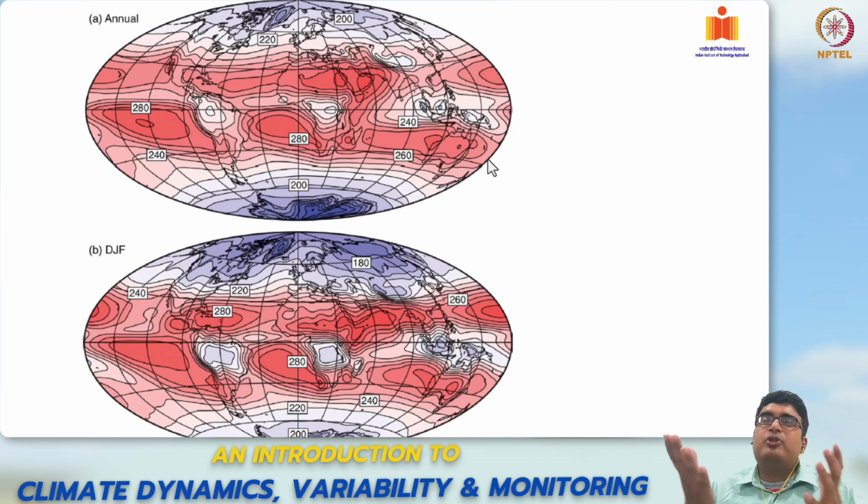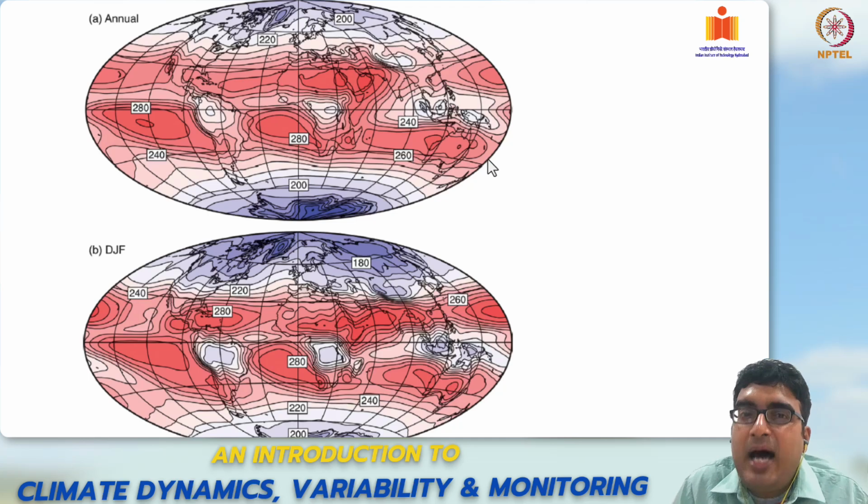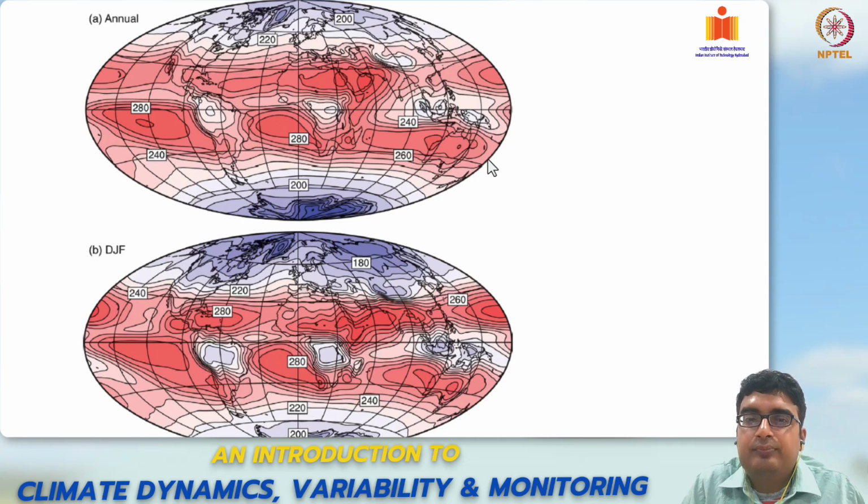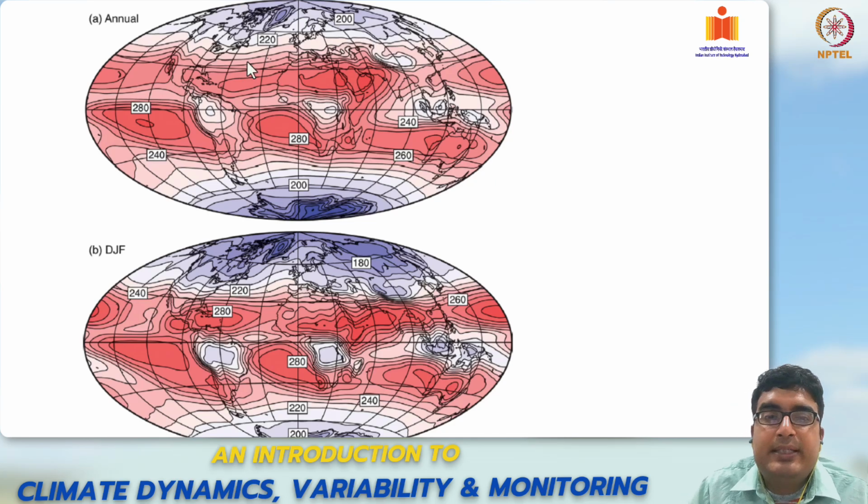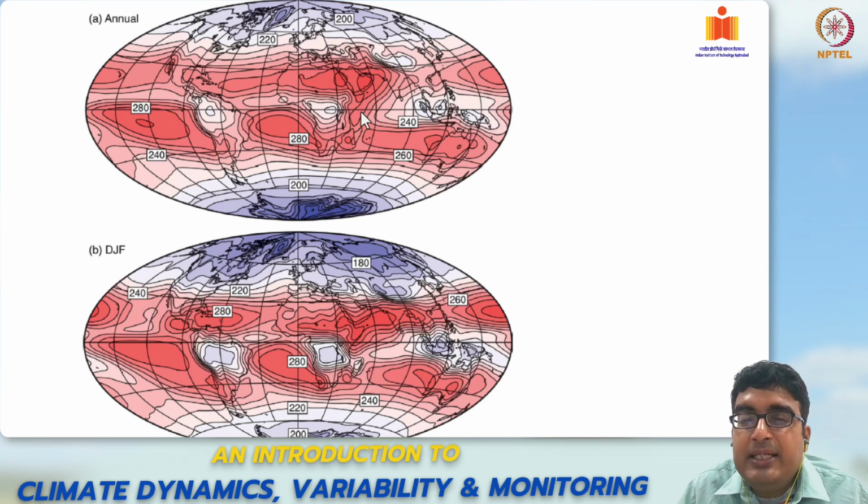And because the atmosphere is hot here and the ocean surface is also hot, you will get large values of outgoing thermal radiation in these regions of the world. So this is true in the subtropical Pacific, subtropical Atlantic, regions in Saudi Arabia, etc.